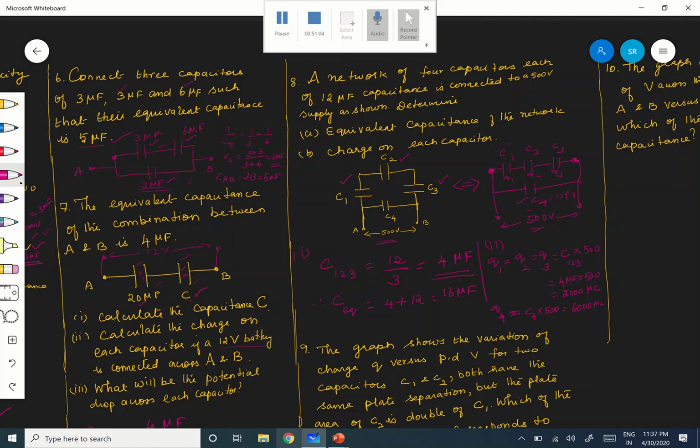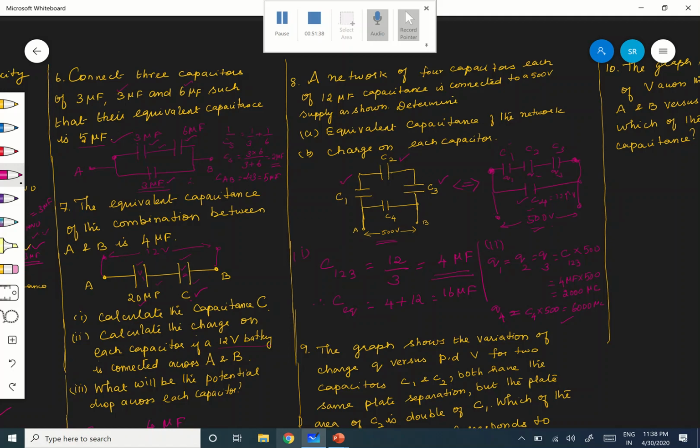The charge 6000 microcoulomb should be equally divided among C1, C2 and C3. Therefore, it is 2000, 2000, whatever is the case. It is simple. Because they are connected in series, whatever is the total charge stored, that should be the charge on each capacitor. That I have repeated so many times. That concept I have used here.